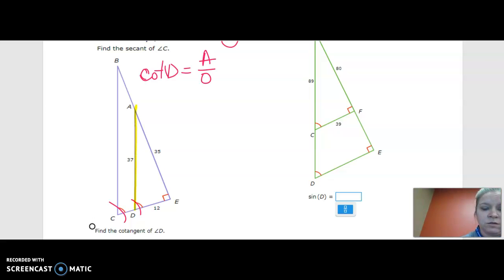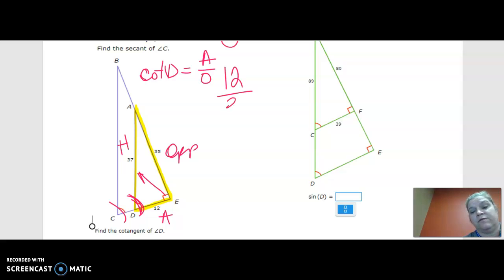So we're going to look at this triangle right here. If this is D, then this is adjacent, this is opposite, and this is hypotenuse, because the right angle always points to the hypotenuse. So the adjacent is 12, and that's 35. 3, 4, I'm just seeing if it reduces. It does not. So 12 over 35 is going to be your answer.